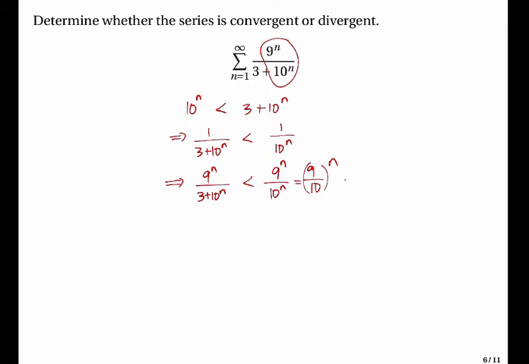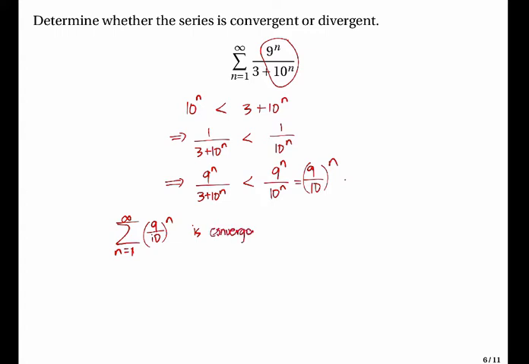This means we can use the series with these terms for comparison. Notice that the sum of (9 over 10) to the n from 1 to plus infinity is convergent.